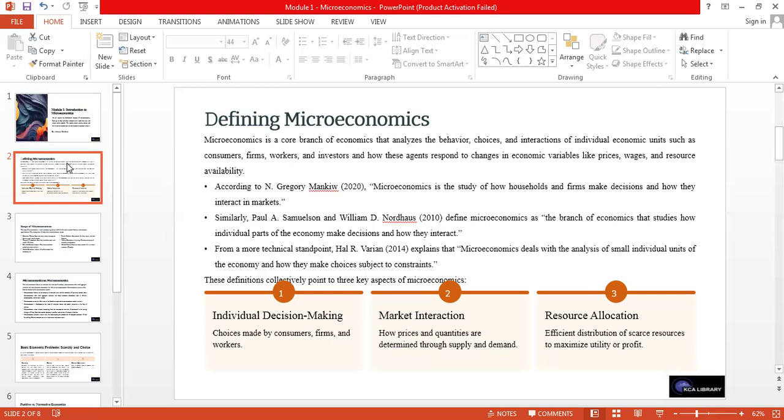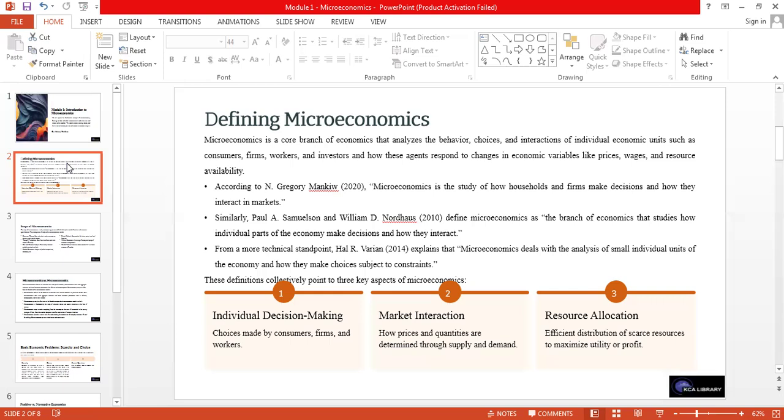Also, for Paul and Williams 2020, microeconomics is a branch of economics that studies how individual parts of the economy make decisions and how they interact. From the technical standpoint of Varian 2014, microeconomics deals with the analysis of small individual units of the economy and how they make choices subject to constraints.